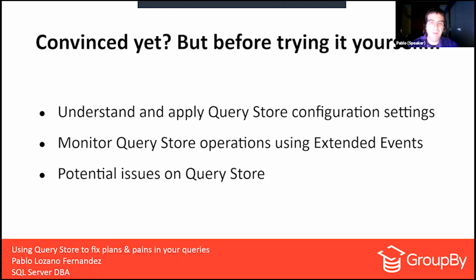You can see how many queries have been cleaned up. You can see when query store is looking for existing plans, whether it has found a plan good enough, when it had some issue trying to force one particular plan. You can have all that kind of information there in the extended events. And we are going to see some potential issues you can find on query store when you deploy that in production.